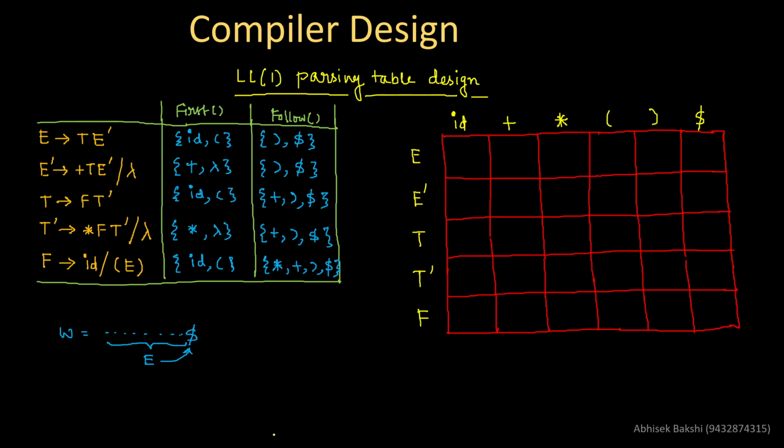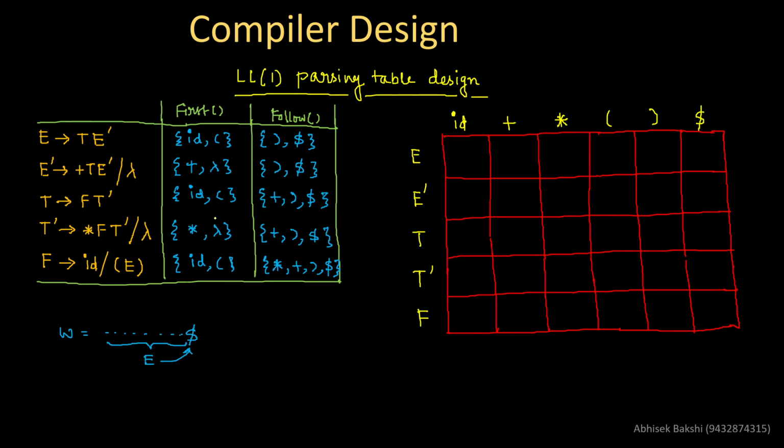Now to generate that string using these production rules, what basically do you have to do? For example, E to TE dash, where will this production rule be used? Obviously, when you find, for example, ID and opening brace.